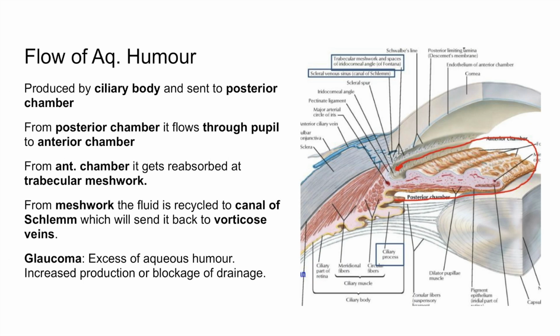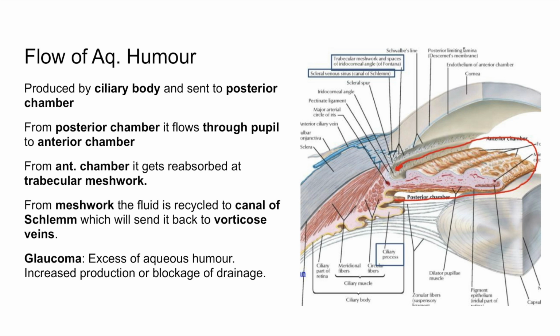And now, like always, we're just doing our deep dive into the topics we just talked about. So this is just going to be working through this flow of aqueous humor. This is one of those pathways I really recommend just knowing cold because it explains glaucoma, which will for sure pop up. So aqueous humor is produced by the ciliary body, specifically the ciliary processes, and it's first secreted into the posterior chamber, which is the space between the iris and the lens.